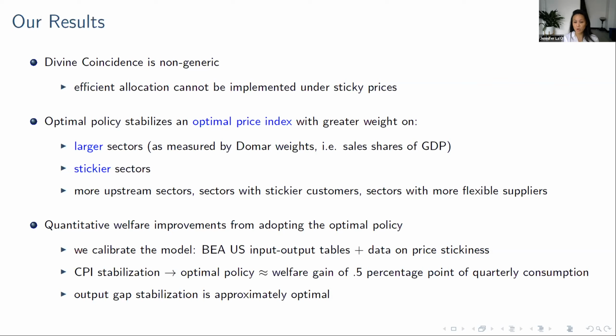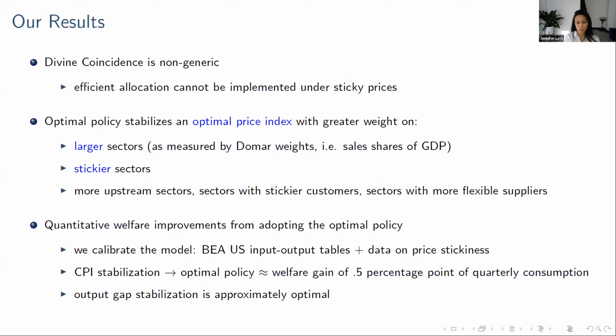We're going to show that the Domar weights, or the sales share of GDP, are really important for this optimal price index. So you want to put the greatest weights on large sectors and stickier sectors. Through a series of examples, we also show that, all other things equal, you also want to put greater weight on more upstream sectors, sectors with sticky customers, and sectors with more flexible suppliers. But quantitatively, we find that really the most important things are how large these sectors are and how sticky the sectors are.